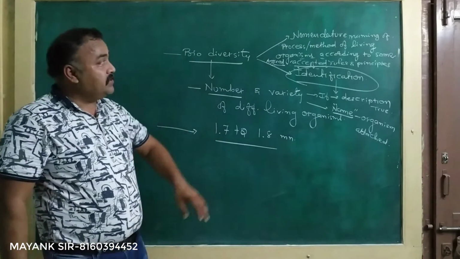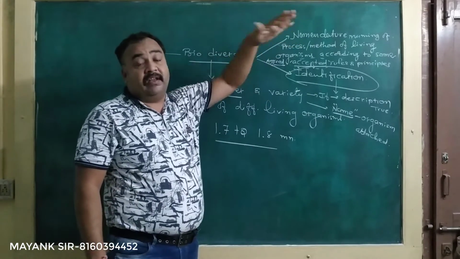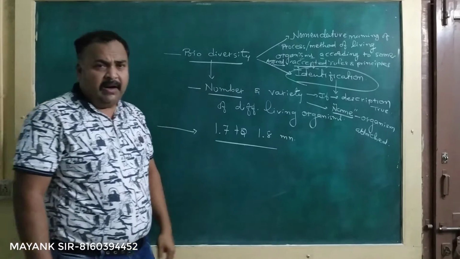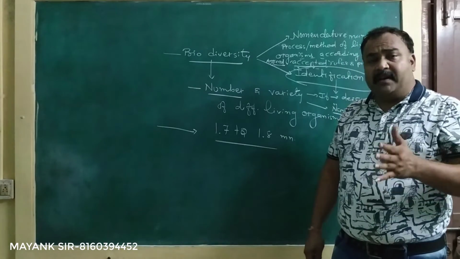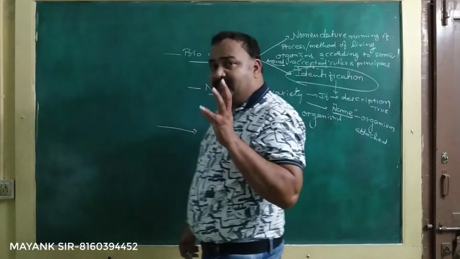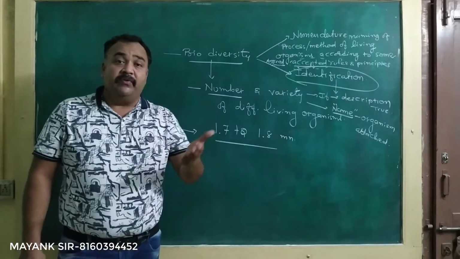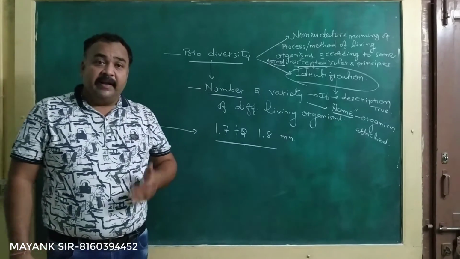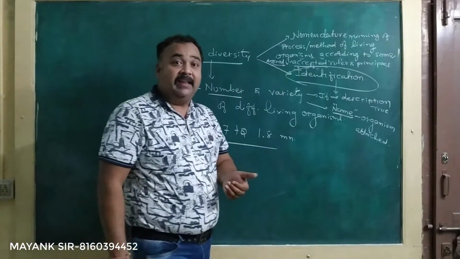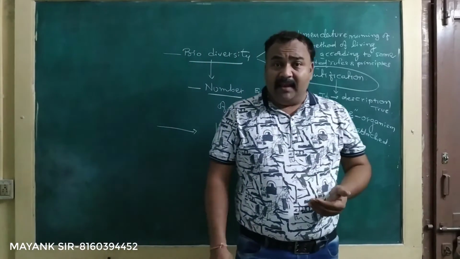And the second basic thing is the nomenclature, that is naming of living organisms. In different kinds of languages, the names of living organisms differ. As for example, in English we say mango, in Hindi we say aam, in Gujarati we say keri, but in German if we ask for keri or aam, will they give it?